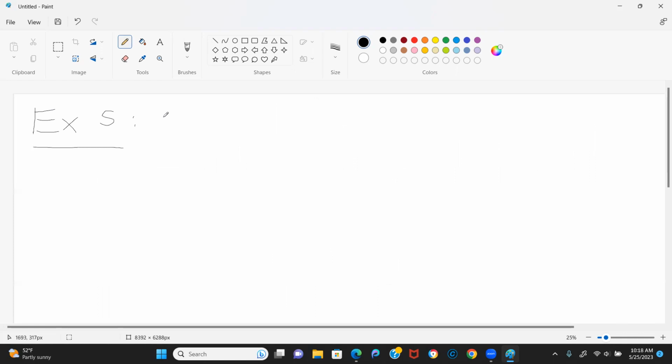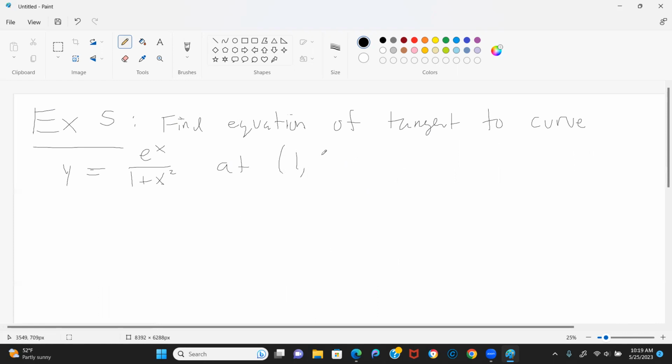So we want to find the equation of the tangent line to the curve y is equal to e to the x over 1 plus x squared. And where do we want to find it? At the point 1, half e. All right, so remember, derivative gives you slope of tangent line.